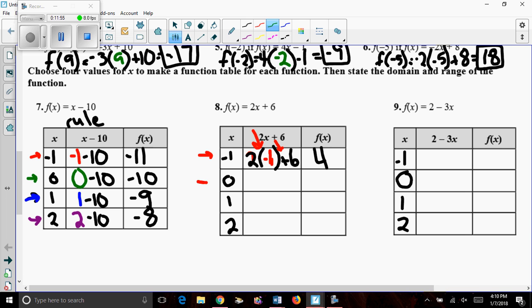Let's look at that again for 0. 2 times, well, that blank should be a 0. And then 2 times 0 is 0. Plus 6, 0 plus 6 is 6.